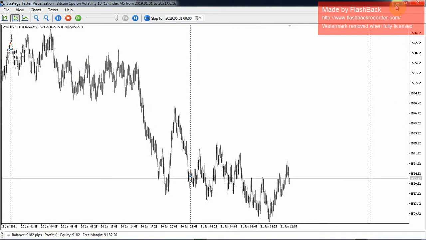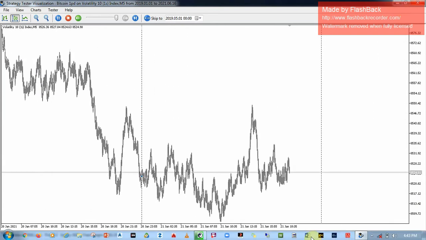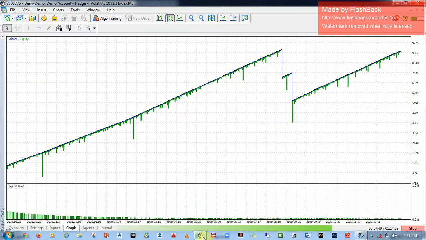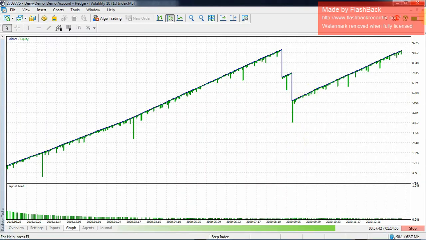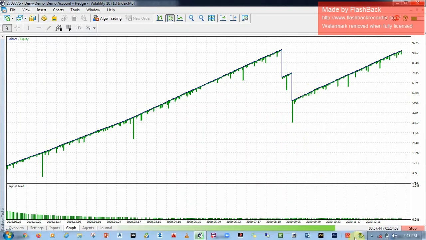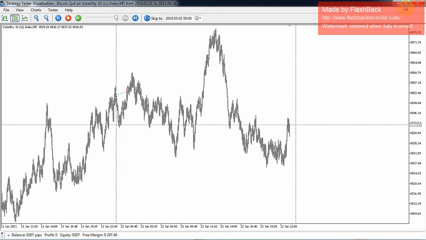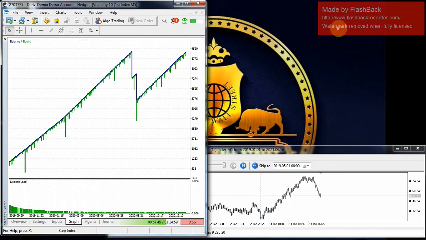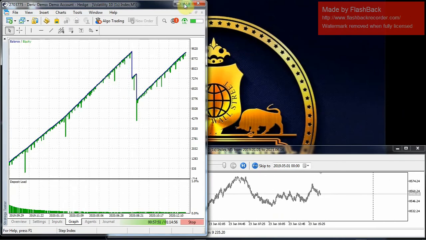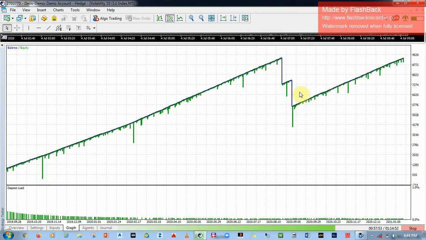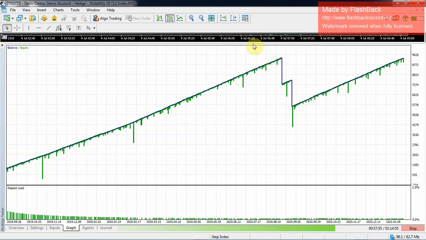If you go on my Instagram, on the posts I've been posting from last year, this is the same robot for the Volatility 10.1s.